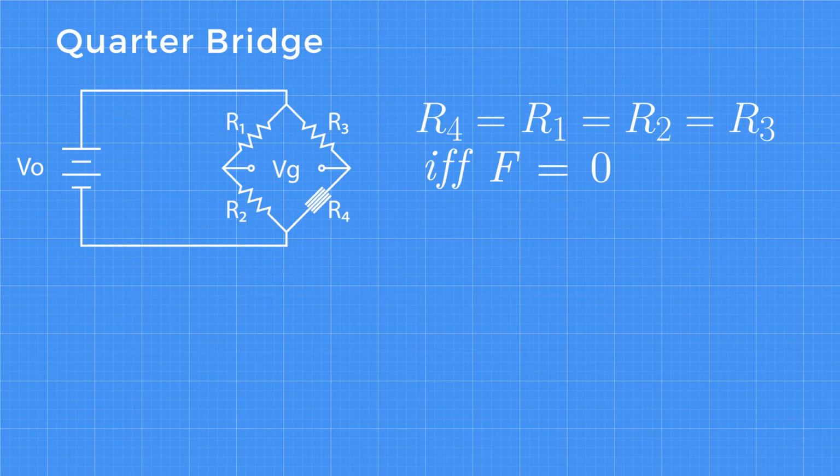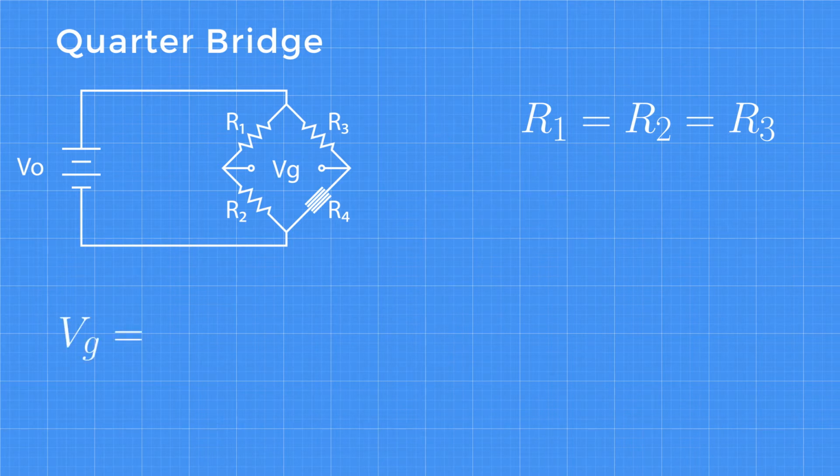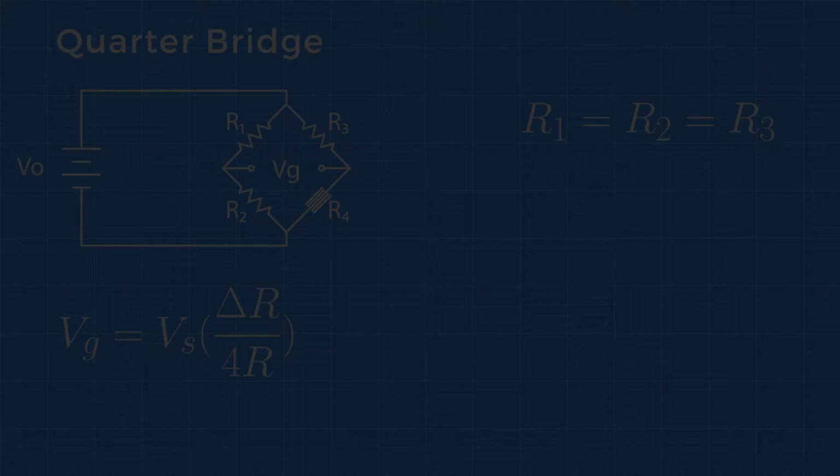Thus, when no load is applied, Vg is just zero. When the load changes, though, Vg will then change according to the new resistance. To calculate Vg, we take the change in the strain gauge resistance and divide it by its initial resistance. Finally, multiply that equation by the voltage of the source, and the result is a direct relationship between voltage and force that can be evaluated by a computer.